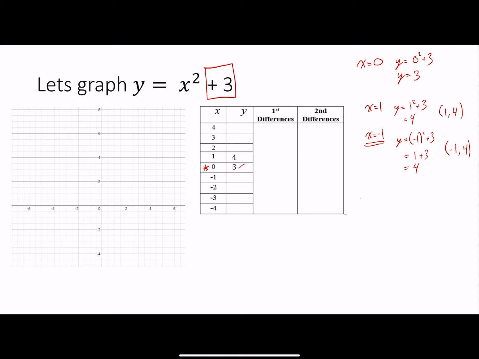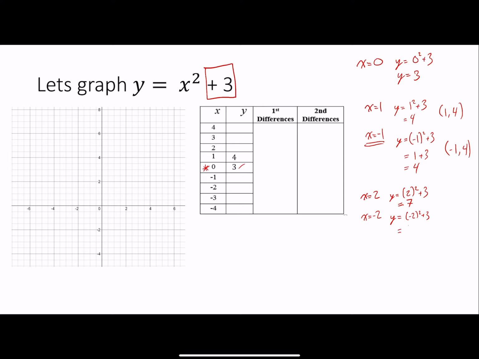When x is equal to 2 and x is equal to minus 2, let's just do this together. When x equals 2, y equals 2 squared plus 3. When x equals minus 2, y equals minus 2 squared plus 3. It's going to end up being the same thing. 2 squared is 4, plus 3 is 7.